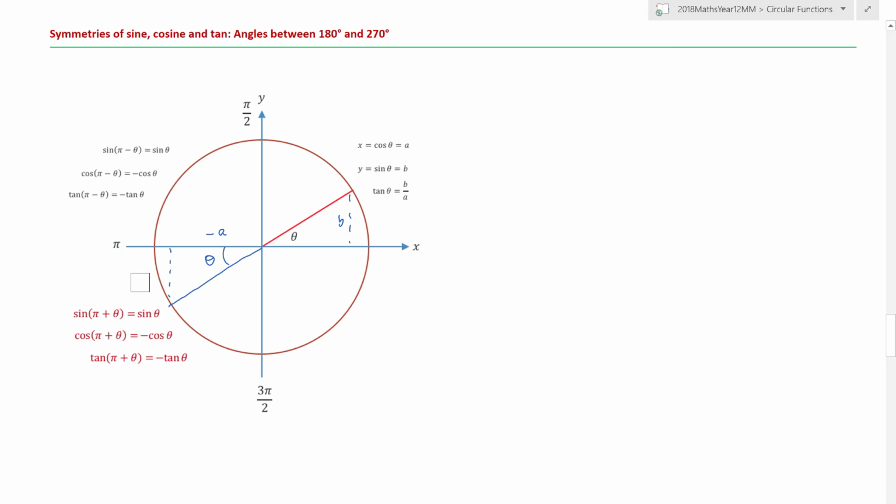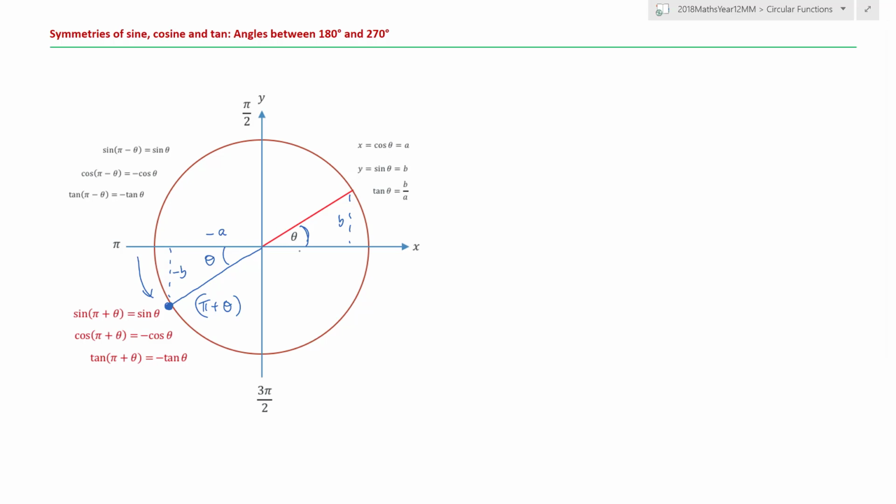Actually, let's write that in a slightly different place so we can actually see it. So minus b. How do we reference this angle? What do we call this angle? Well, it's pi plus theta. Why? Because I've gone from pi and I'm adding on theta. Why am I using theta? Because this reference angle is actually going to be the key to everything we do for this unit circle.